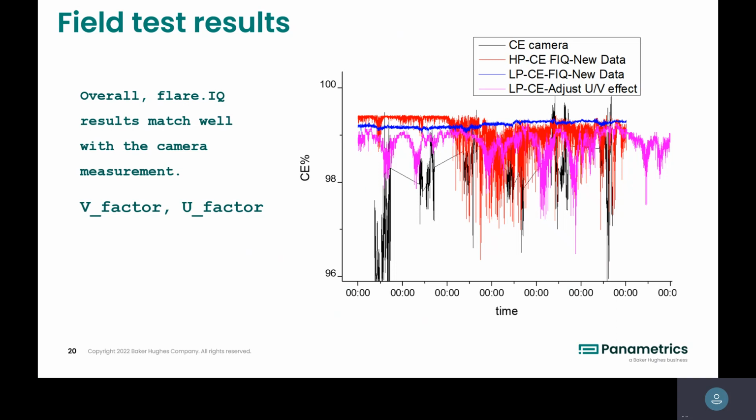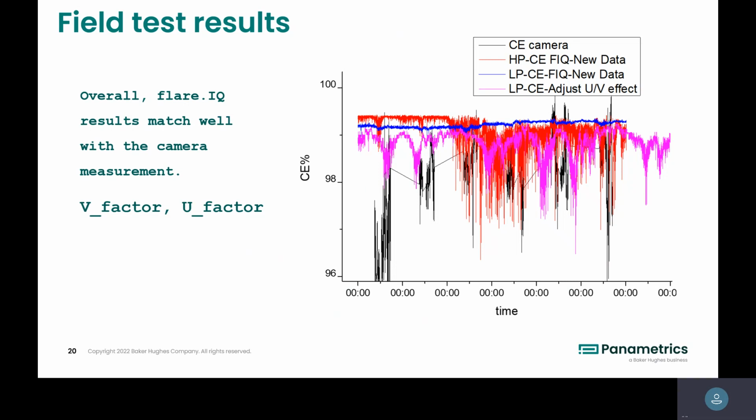That's a design combustion efficiency for these flares. Those are the numbers they use, but of course your measured data is different. I believe the average measurement for the camera is close to 98.7-ish.